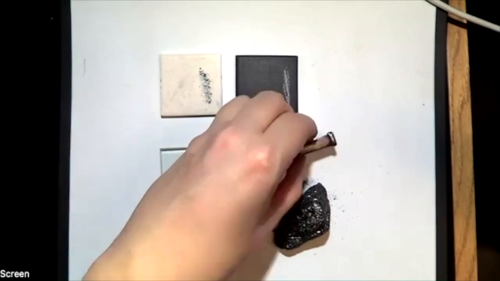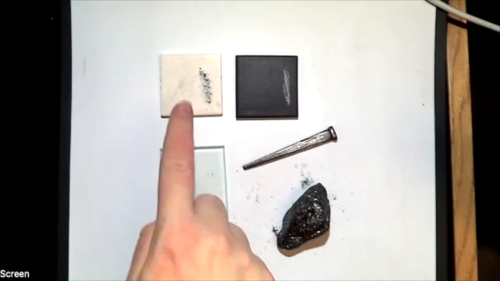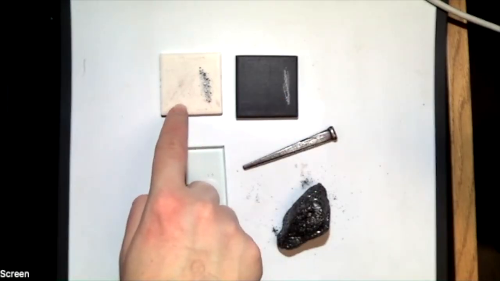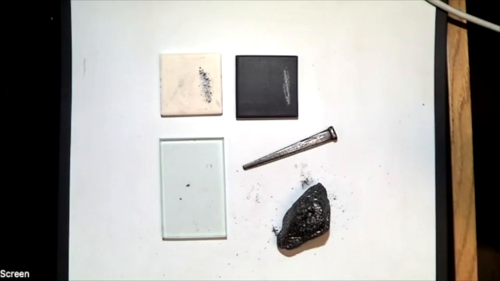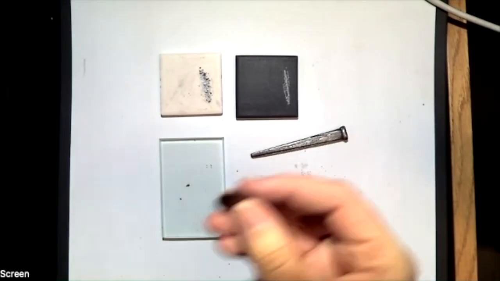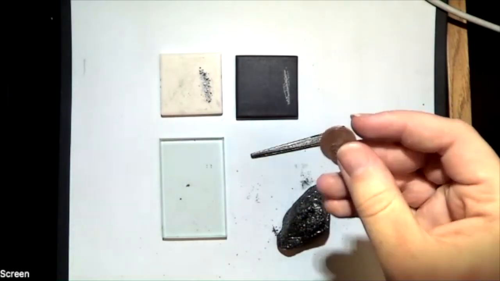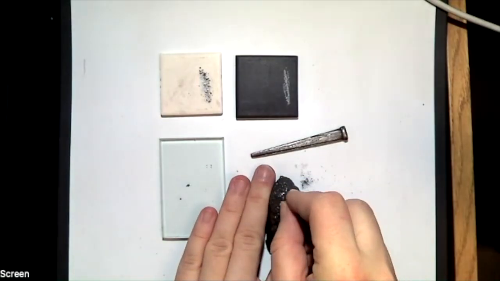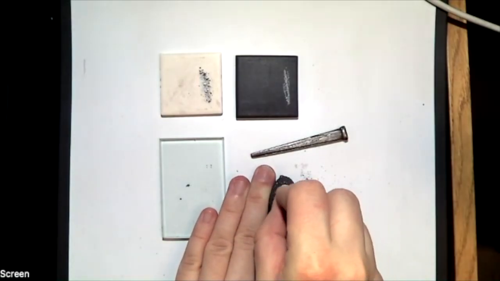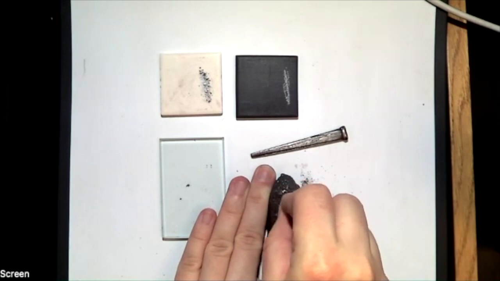So far, this mineral we have looked at has left a streak, so it has a hardness less than 6.5. It did not scratch glass, so it has a hardness less than 5.5. Our next tool is going to be a copper penny. We're going to hold our sample and then dig into our sample with that penny.